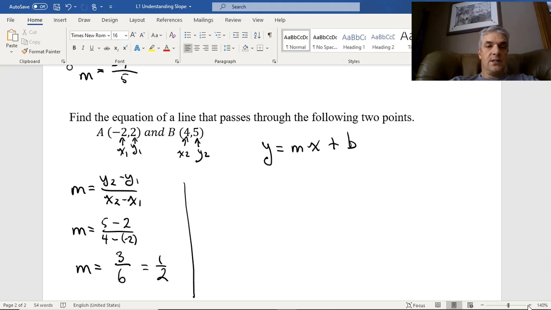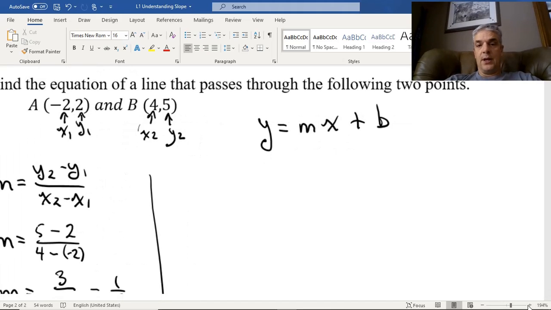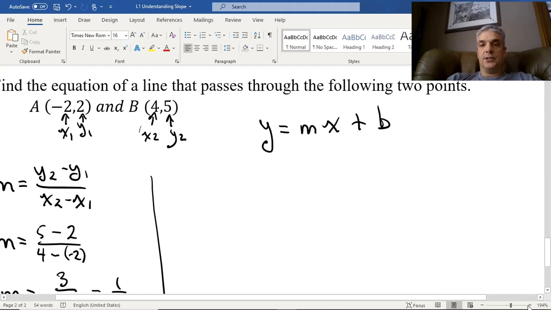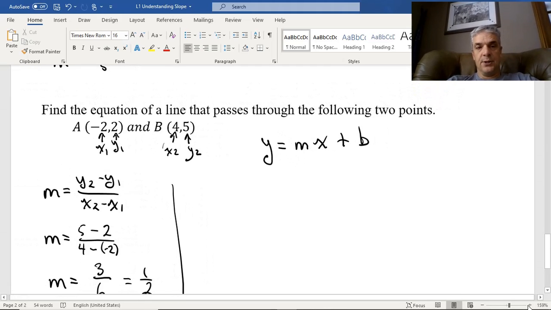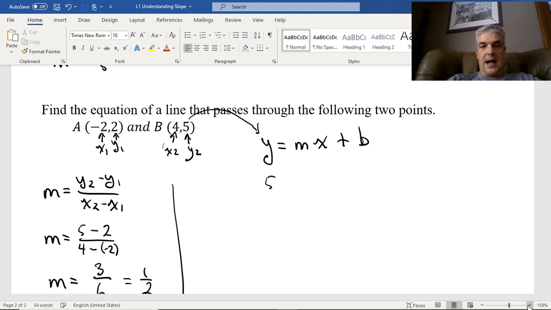So this is going to be my x right here, 4, and my 5 is going to be my y value. So what I'm going to do, oh, look at that, I zoomed in a little bit. Maybe that makes it easier. What I'm going to do is say 5 is going to come in and replace this guy. So 5 equals, what's my m value?